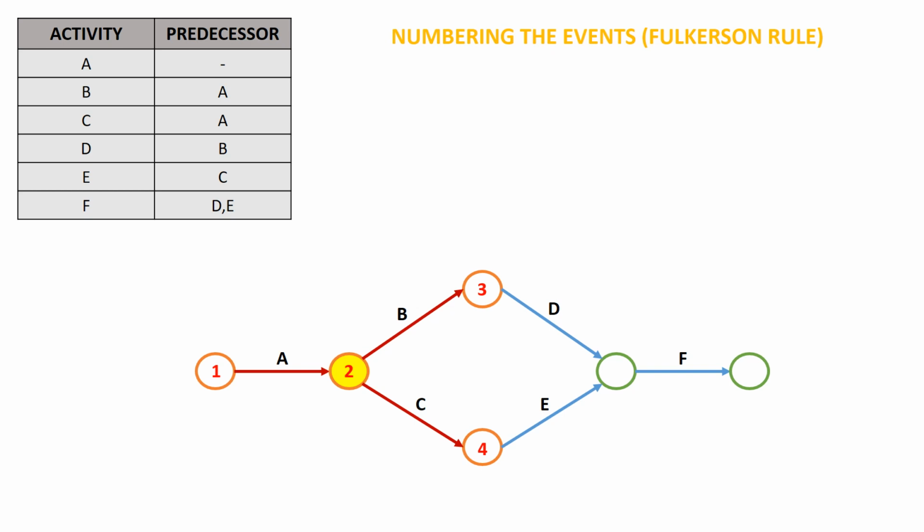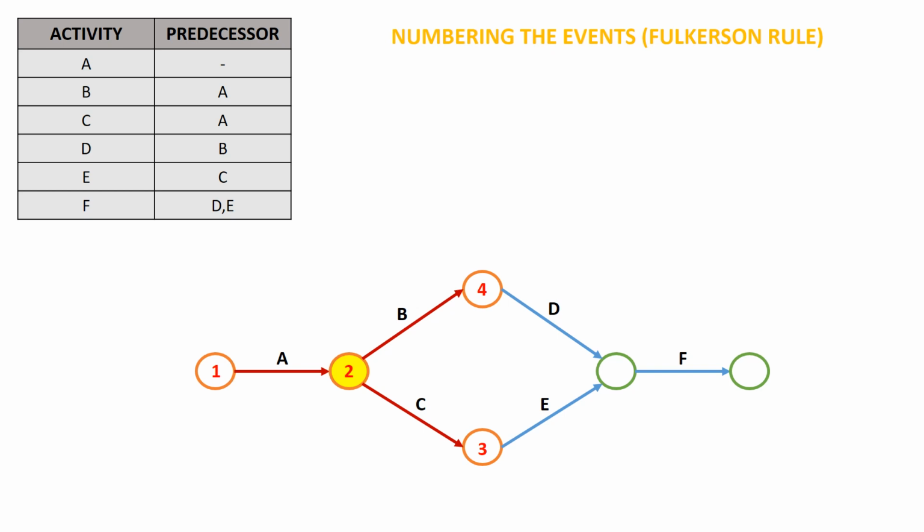Or we can interchange these numbers and have the event after activity C as number 3 and the event after activity B as event number 4.